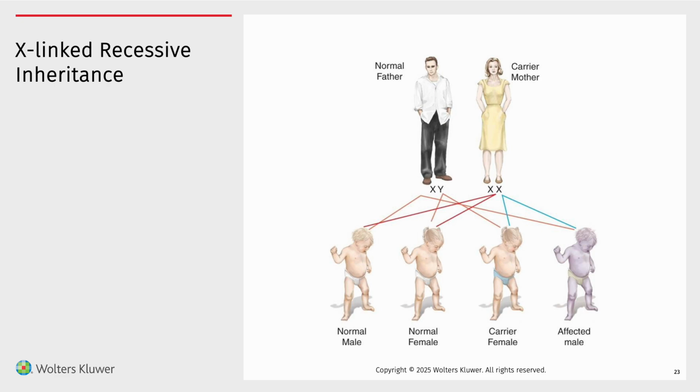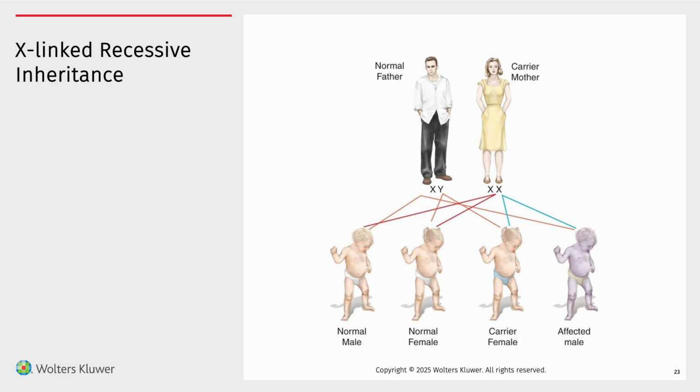The father is normally XY. His single X chromosome does not carry the mutation. The mother is a carrier, XX. One of her X chromosomes carries the mutation. The other one is normal. Males, who are XY, inherit their X chromosome from the mother and the Y from the father.